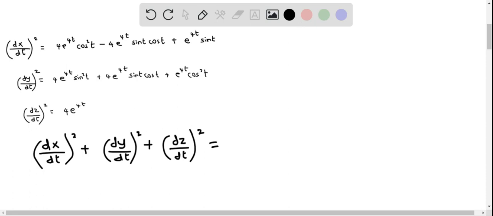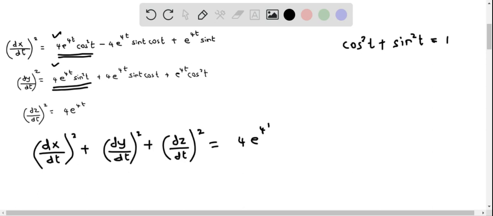Observe that when we add all these three expressions, we have to add the right sides of these expressions. So here we have 4e^(4t) cos squared t and 4e^(4t) sin squared t. So we can factor the 4e^(4t), and then we will have cos squared t plus sin squared t. The Pythagorean identity is sin squared t plus cos squared t equals 1. So therefore, when you add these two expressions, we will get only 4e^(4t).